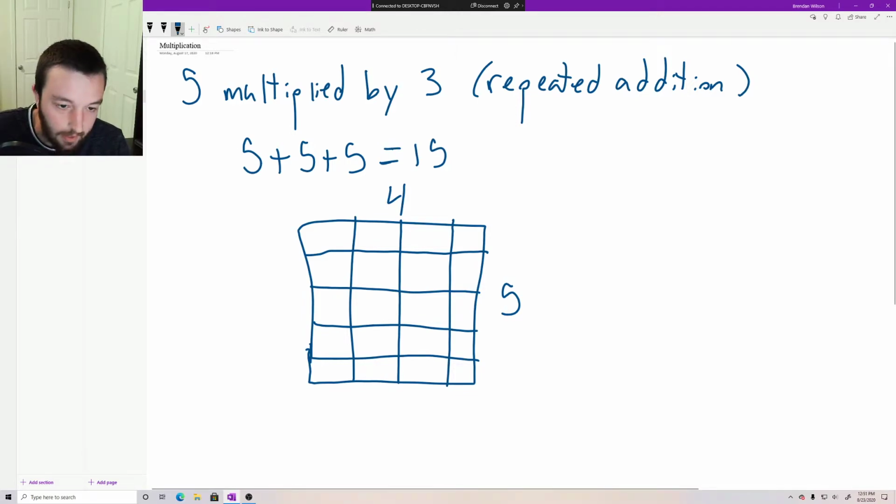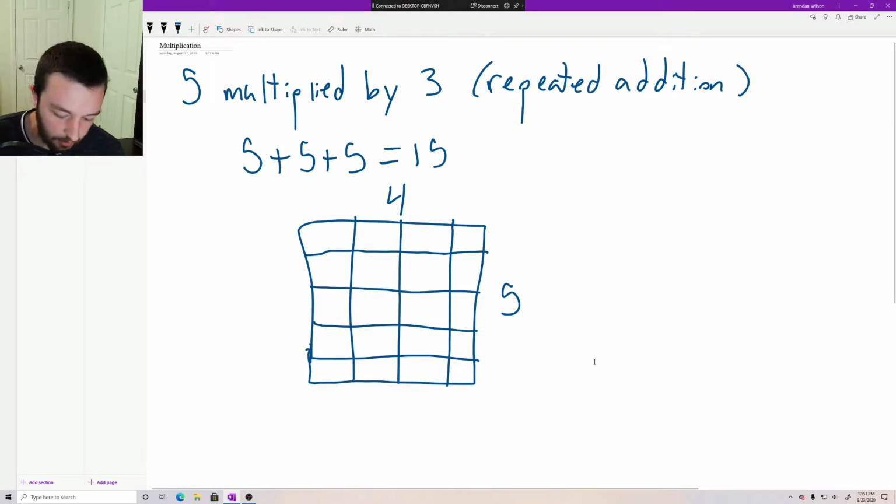Then we have 1 plus 1 plus 1 plus 1 plus 1, which is 5 inches altogether. And on this side, we have 1 plus 1 plus 1 plus 1 for 4 inches altogether.